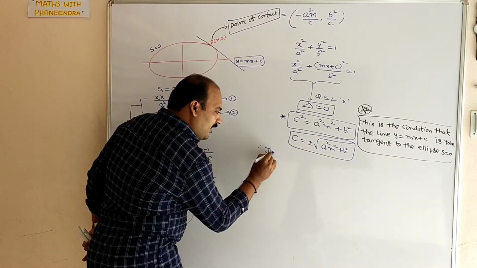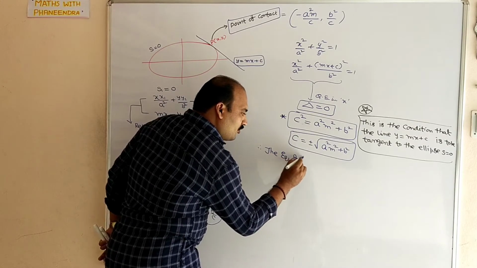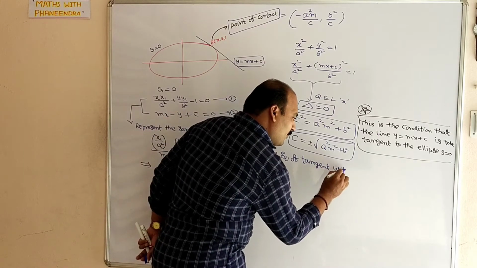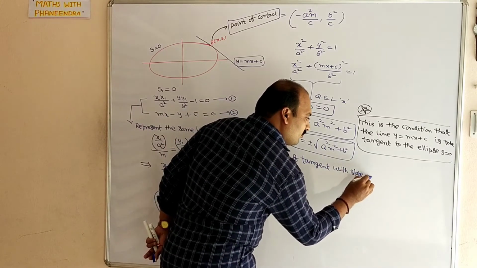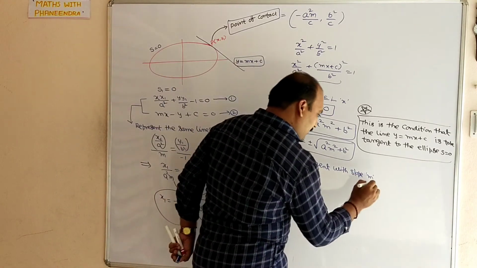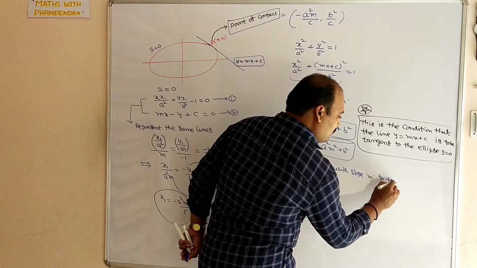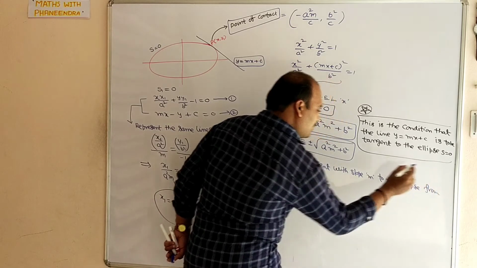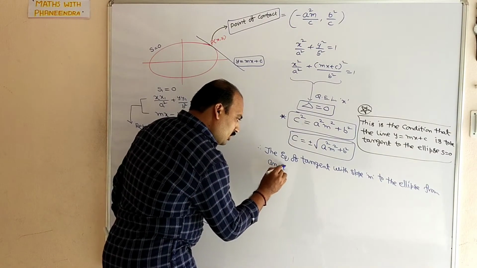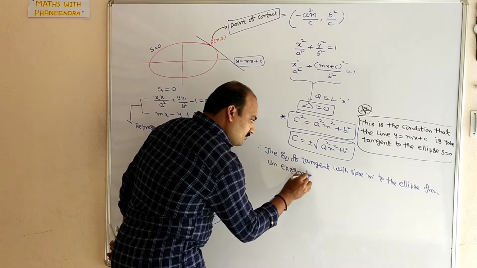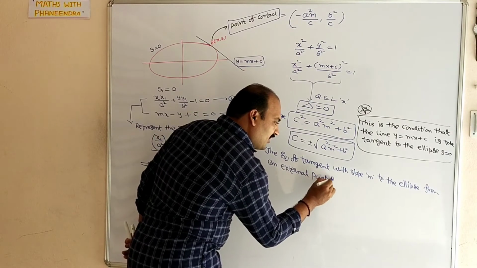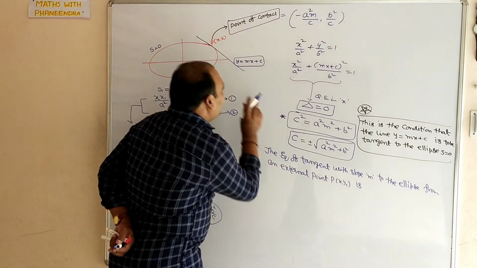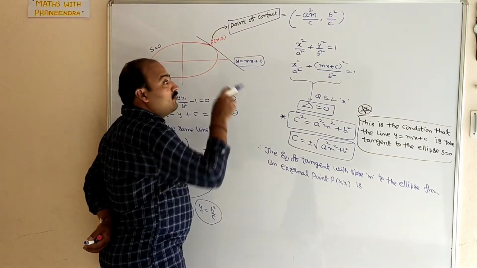Therefore, the equation of tangent with slope m to the ellipse from an external point P of x1 comma y1 is: wherever y and x are there, for the external point x1 y1 we put y1 in place of y.